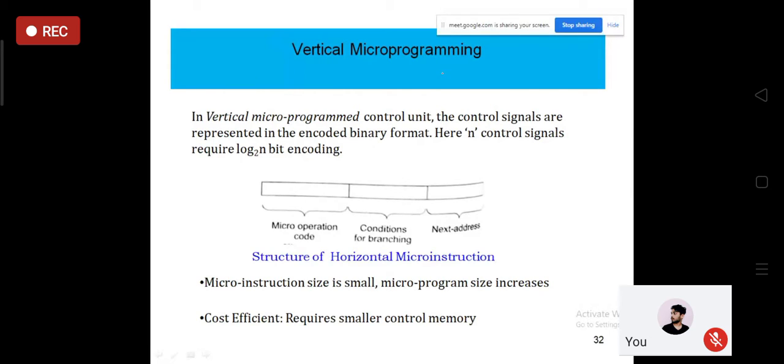Now the second case is the vertical program control unit. What is the change? So here you can find you have used a fixed number of things. I have not used some dotted line. So you can find that for n number of control signals, the number of encoding is this.